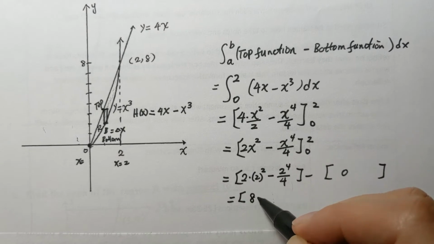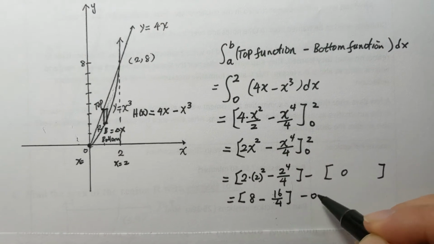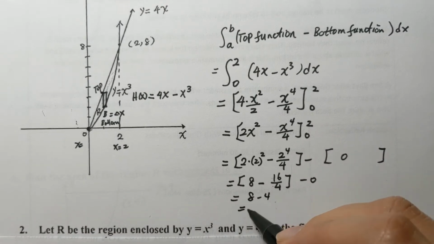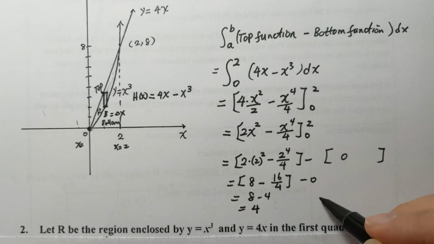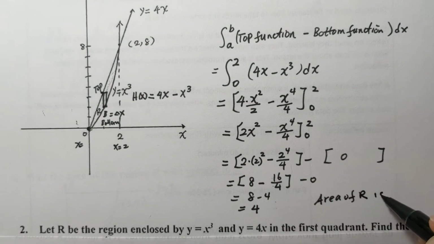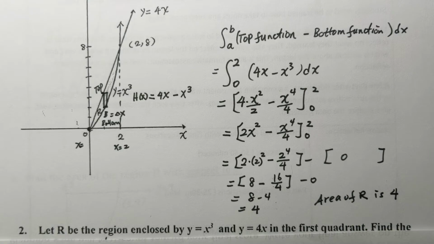And here you get 8. So the area of R is 4. So we finished question number 1.